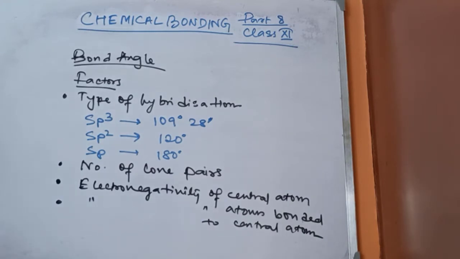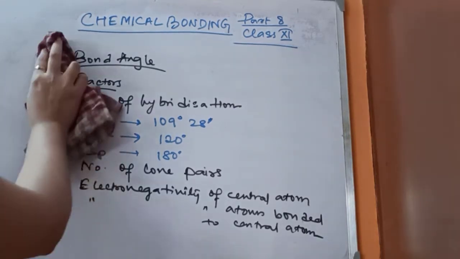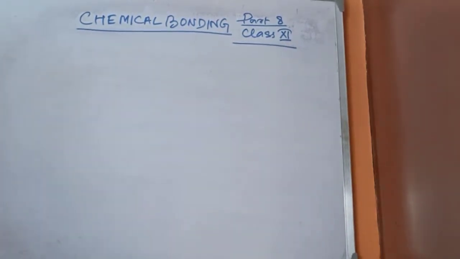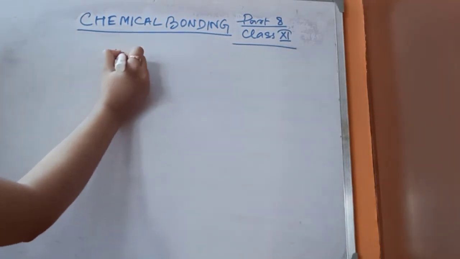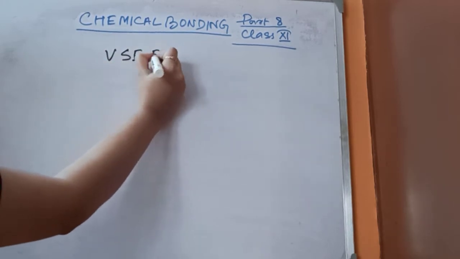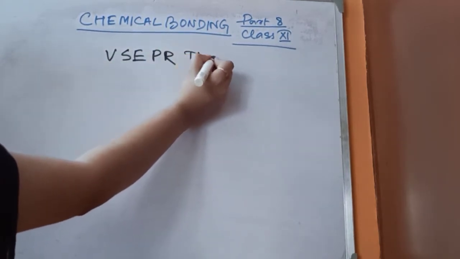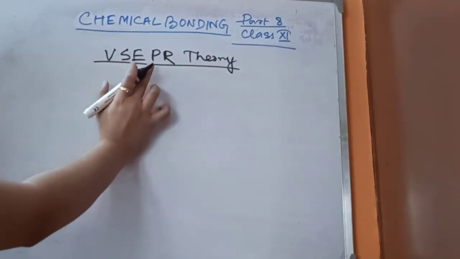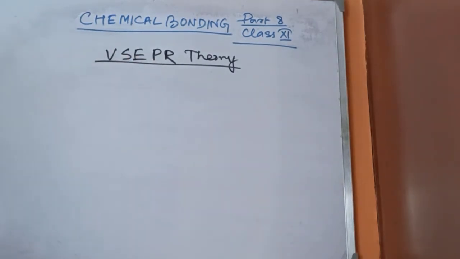Okay, so let's come to valence shell electron pair repulsion theory, which in short is known as VSEPR theory. So what is the importance of VSEPR theory?